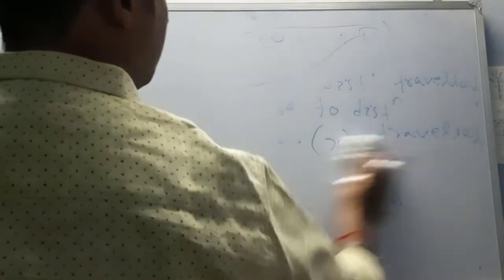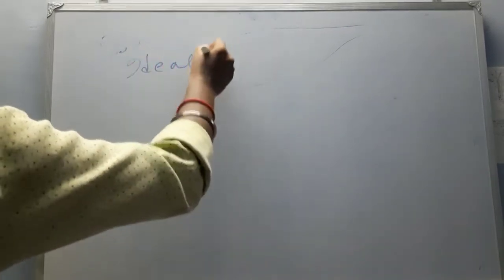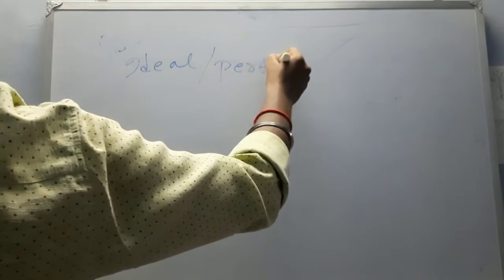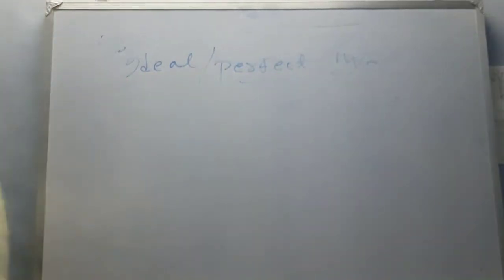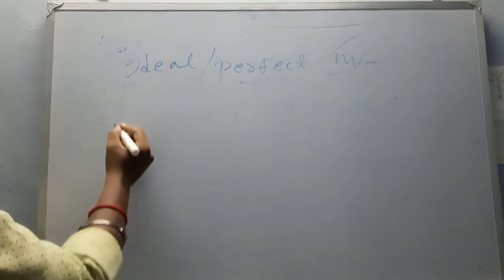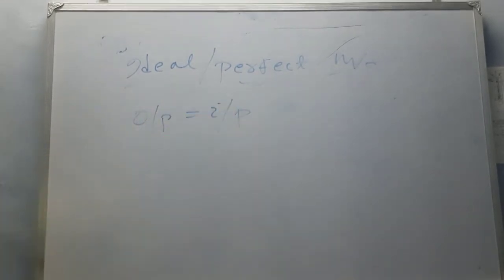Okay. Now one term they may ask in some objectives, ideal or perfect machine. What is an ideal or perfect machine? The machine whose output is equal to input is known as an ideal or perfect machine.